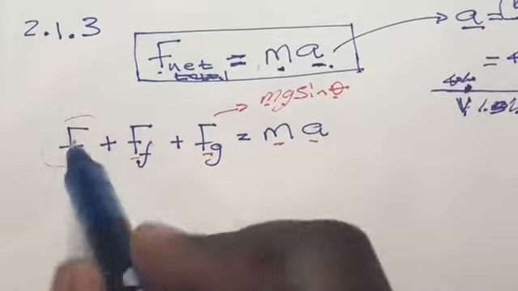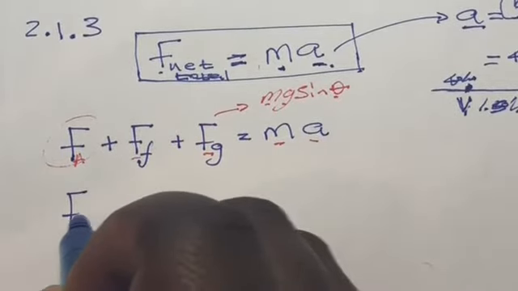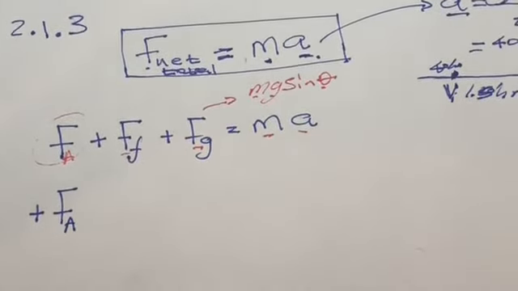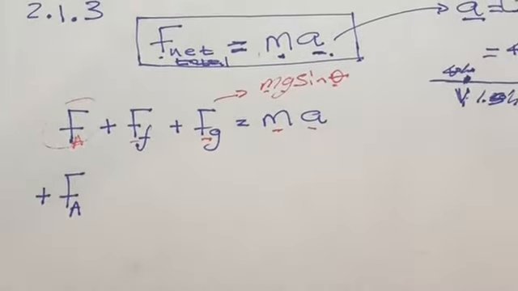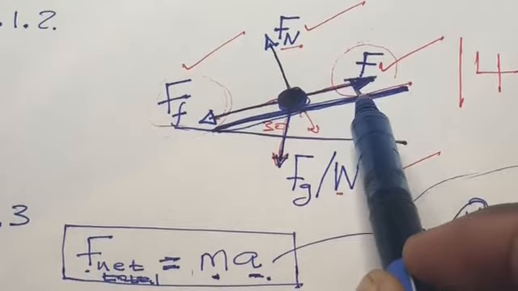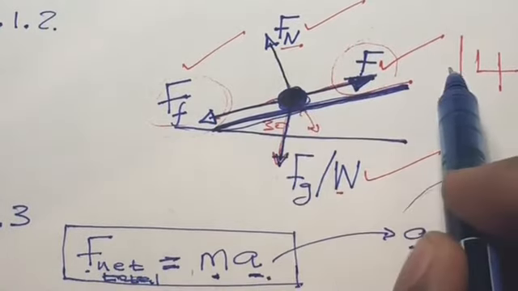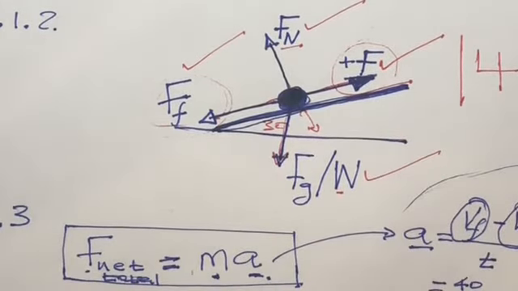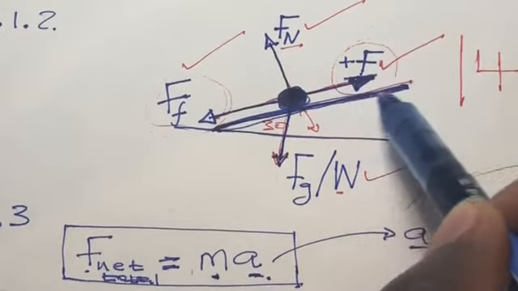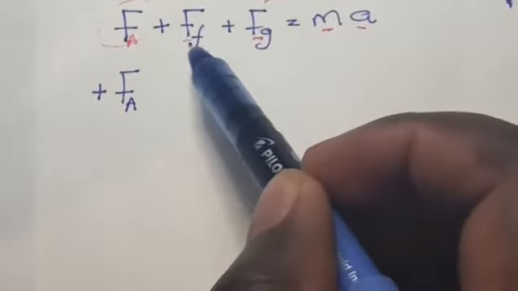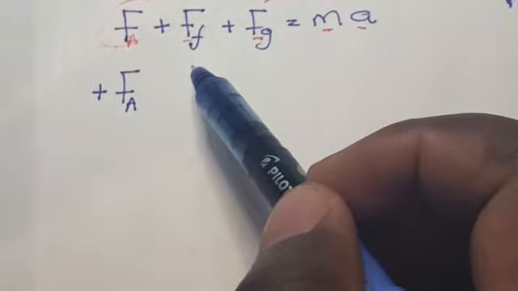Remember, guys, we have our applied force, which is a positive F. What I mean by that, remember on this question, the force is being applied in that direction. So I take that direction, towards the east, as positive. That means any force acting against the applied force is a negative force. So from this formula, have we got forces acting against the applied force? We do.